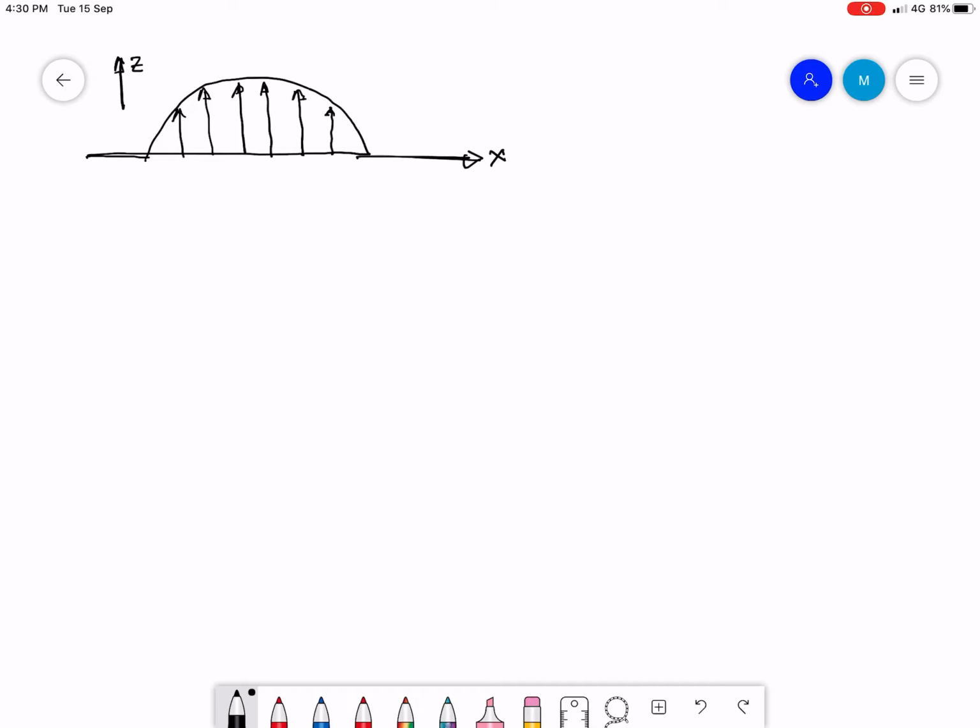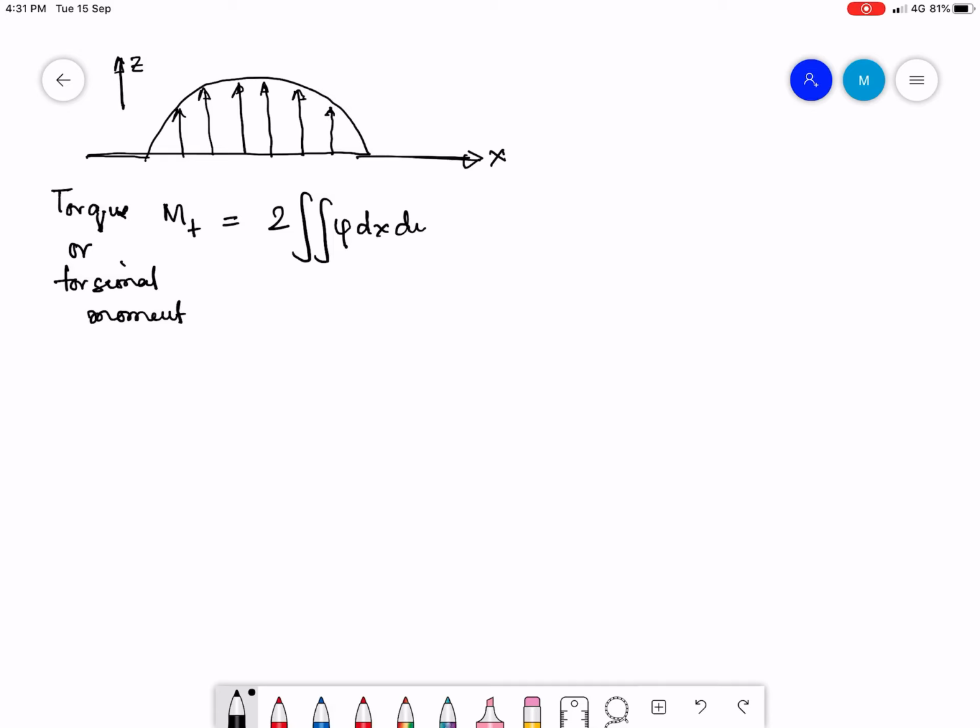Okay. So, we know from the Prandtl stress function that the torque, or torsional moment, Mt, is equal to 2 times the integral of phi dx dy. Okay.